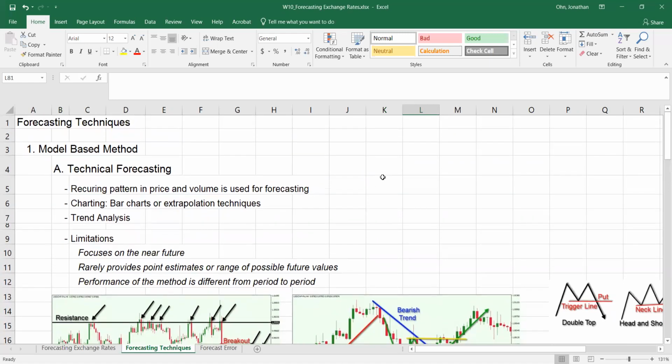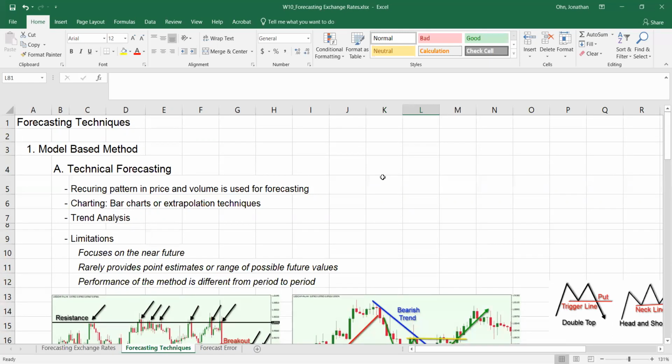The model-based method includes technical forecasting and fundamental forecasting. Can you read the technical forecasting for us?